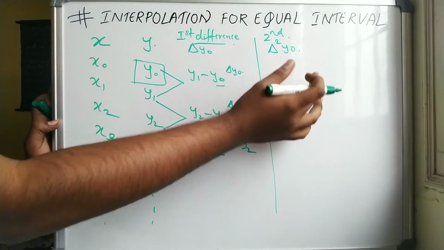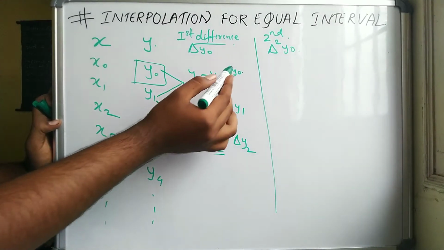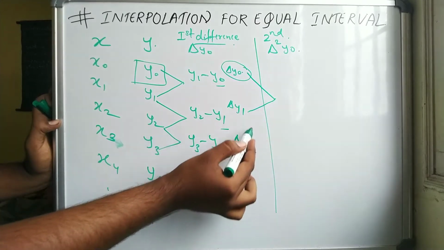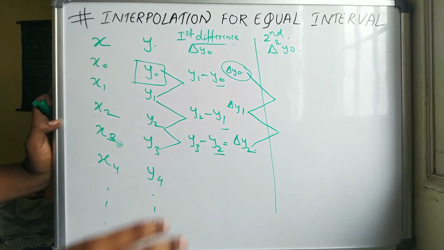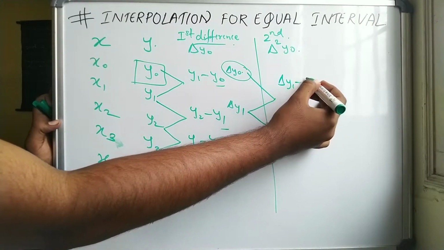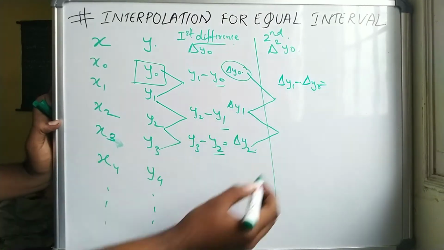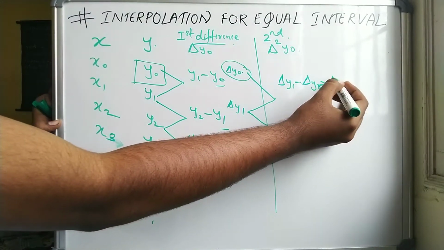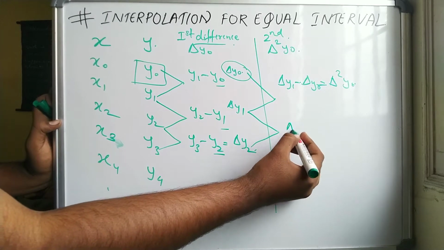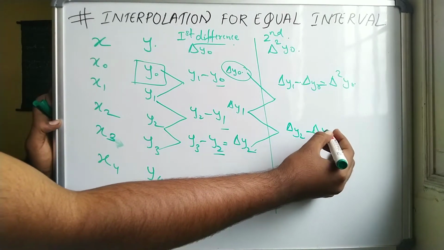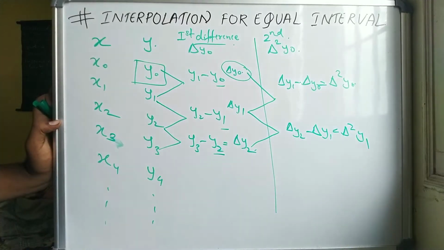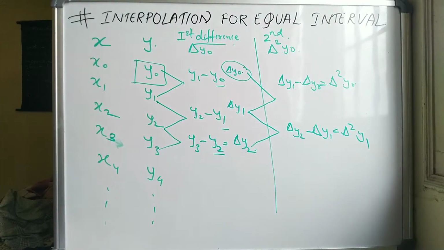Whatever answers you get in the first difference column, you just find the difference of those. So delta y1 minus delta y0 will give you delta square y0. Then again delta y2 minus delta y1 will give you delta square y1. And so on, you have to proceed like this.